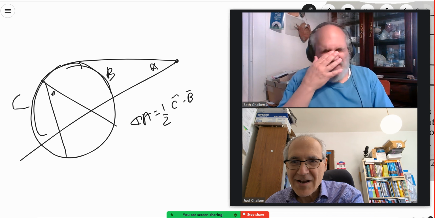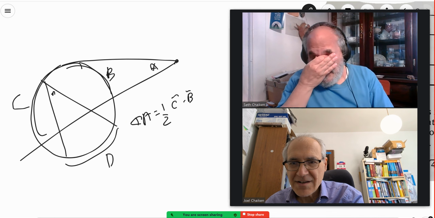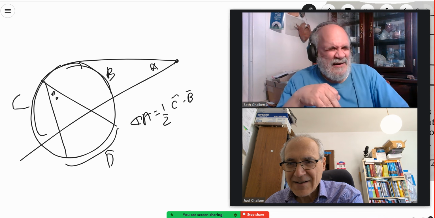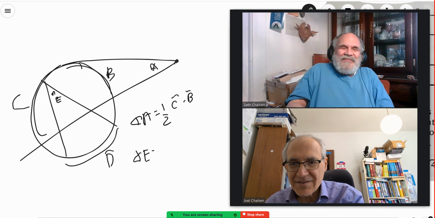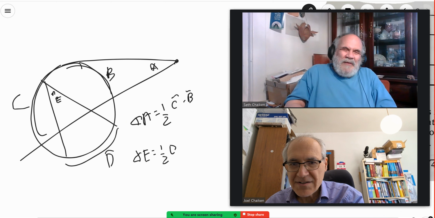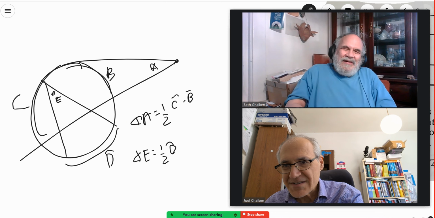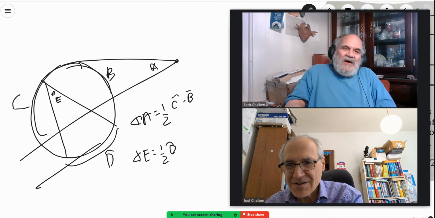And this is the inscribed angle, and this is arc D, and this is angle E. So angle E is 1/2 arc D, and then you're throwing all sorts of stuff in, and you make another tangent here.